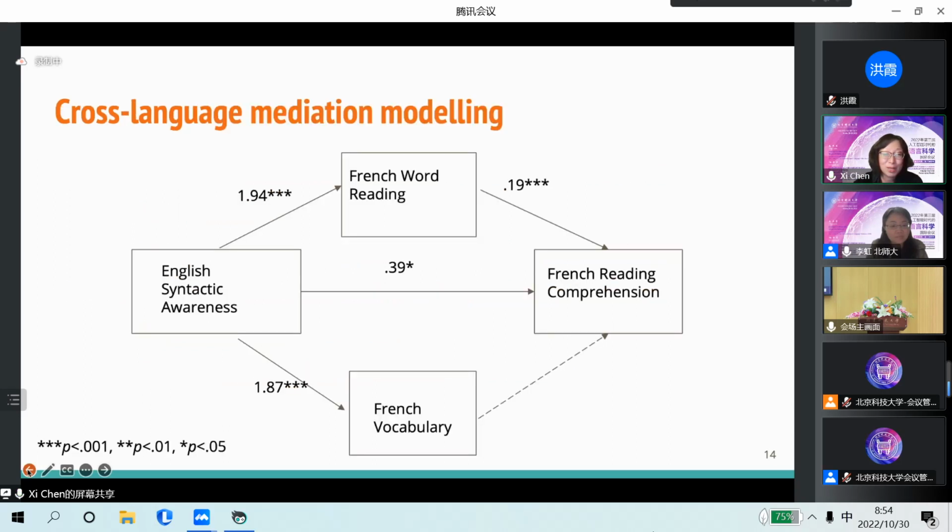I think there might have been a mistake here. Sorry, I think I misrepresented that. English syntactic awareness contributed to French vocabulary, but French vocabulary did not contribute to French reading comprehension. So the mediation was only through French word reading, but not through French vocabulary. I'm sorry about that.